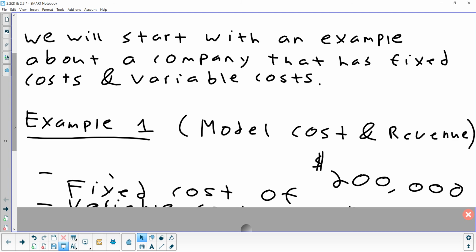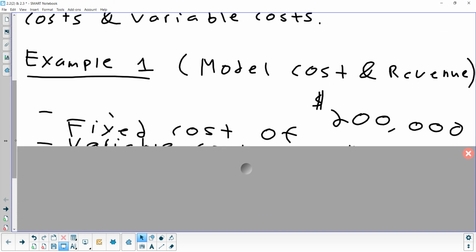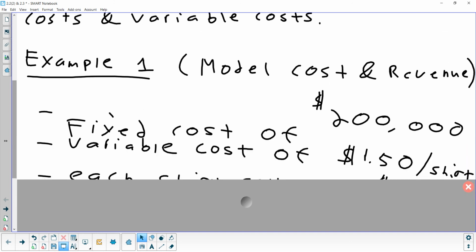It's like, for example, with me teaching, it doesn't matter how many students I teach. I still have the same salary, whether I teach one student in a class or 30 students in a class. That's fixed. Doesn't change. So this is a fixed cost of $200,000. And this particular company is going to make t-shirts, and it costs them $1.50 for every shirt they make.